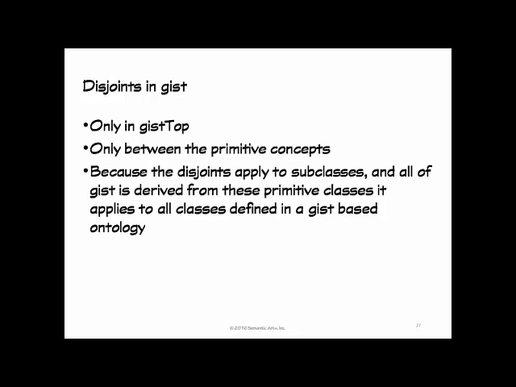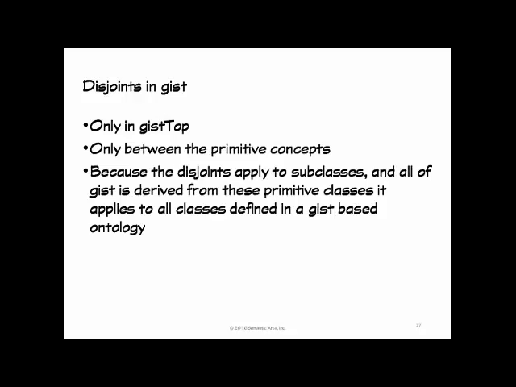So the implication for us is that we're declaring all of our disjoints at the highest level in GIST. It is okay in a few cases to make low-level things disjoint from each other, but any further down in the GIST tree or anything derived from that, we shouldn't be making additional disjointness declarations about things that were defined as primitives.